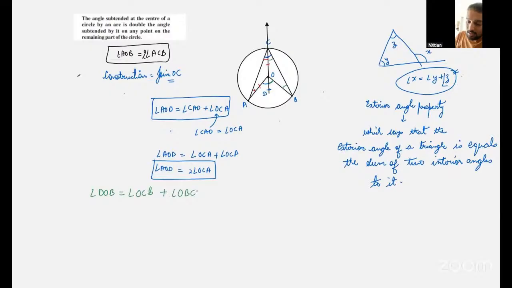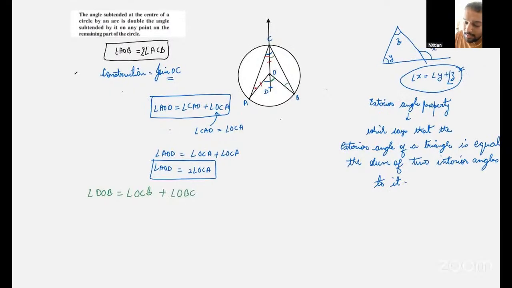Now this and this are also equal. So I can conclude that angle DOB is equal to angle OCB plus angle OCB. Why?